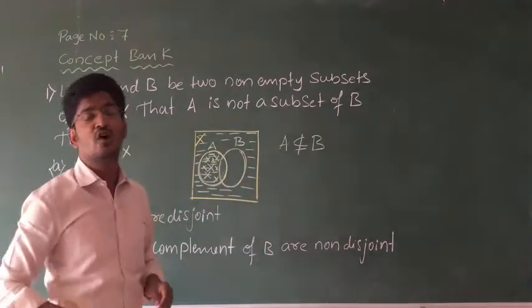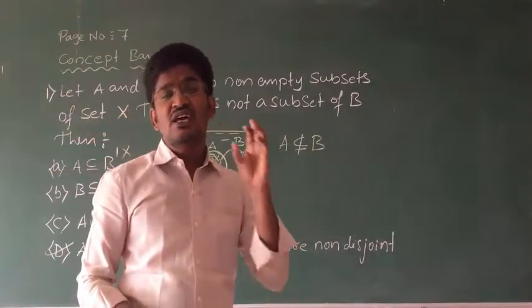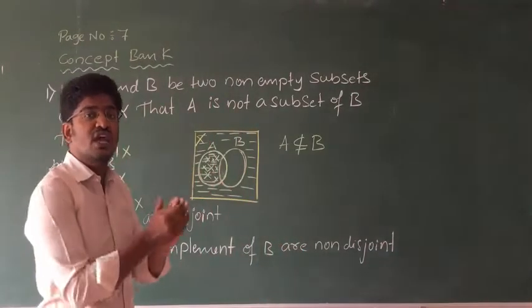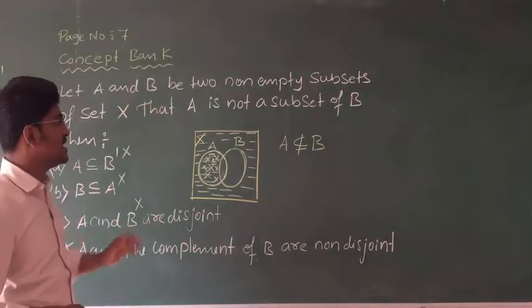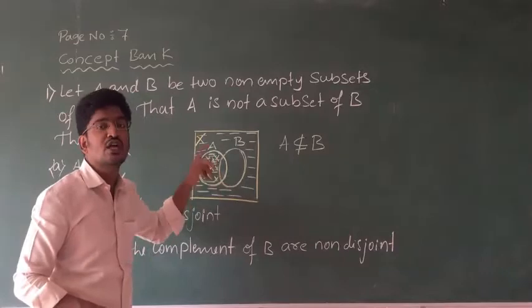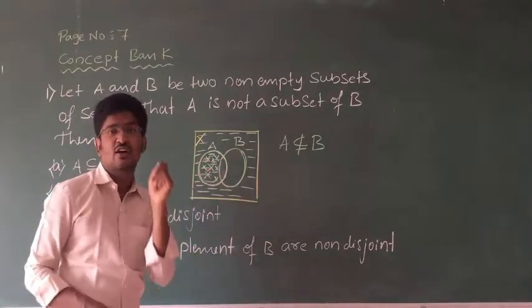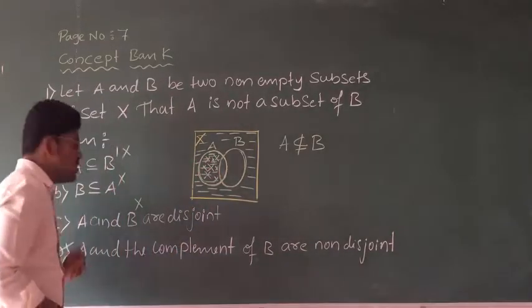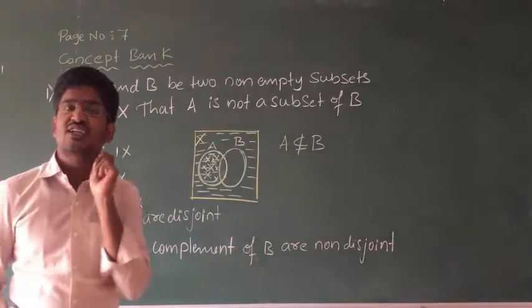What is the meaning of non-disjoint? There must be some common elements between set A and the complement of B. So this particular portion gives you the common elements. Therefore, option D is the correct answer.